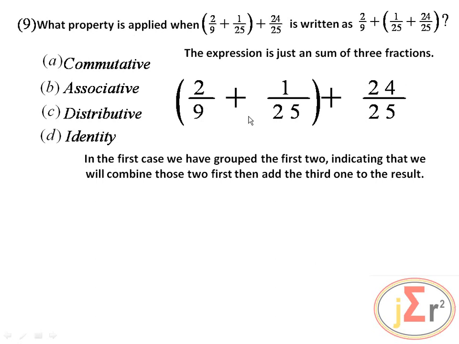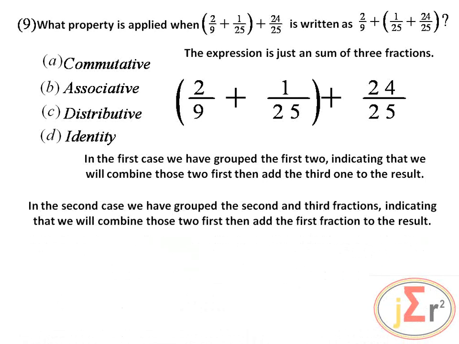And this is indicating that in finding the sum of the 3 fractions, we want to combine these 2 first, then add this one to the result. In the second case, we have grouped the second and the third fractions, indicating that we will combine those 2 fractions, then add the first fraction to the result.